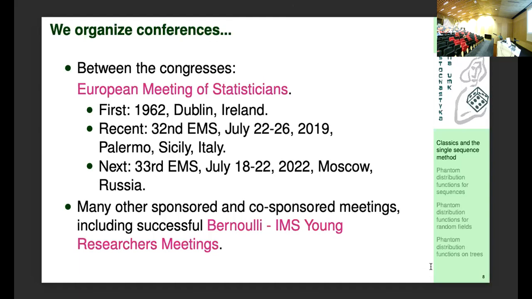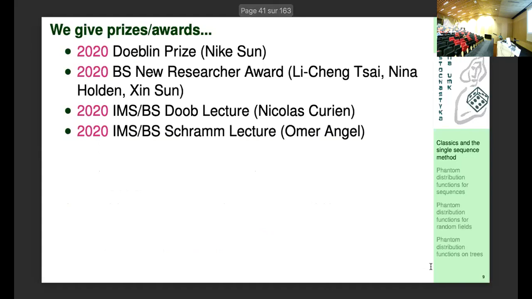Okay, at the moment. What is really successful are the Bernoulli IMS Young Researcher meetings. This is also okay. So this is the last thing. We have prizes. Once again, the Bernoulli Society New Researcher Award. It's quite successful, with many applications.